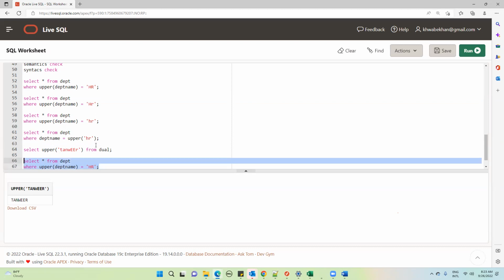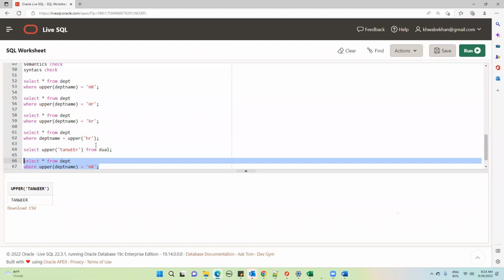Hope it is clear. So Tanvir, when we use upper, in that case we need to pass the value HR as uppercase. Yes. It will take the value and convert it to uppercase.